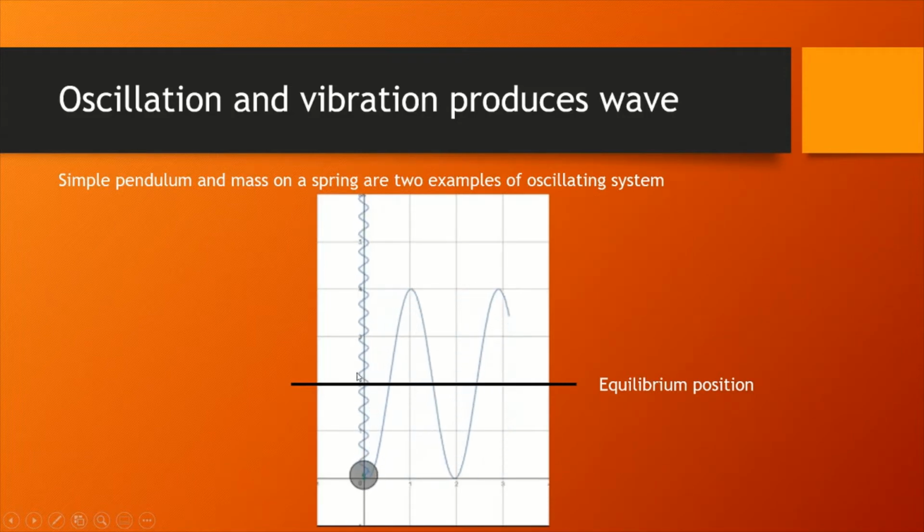From the equilibrium position, we can stretch the spring down and let it go up, and then it comes back to the original position, and then it goes to the maximum stretching again. So this is what we call the equilibrium position.